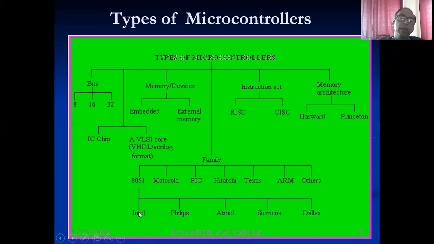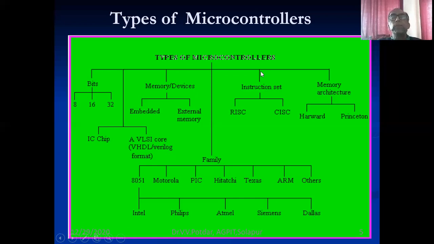Then we have another categorization by family. We have the 8051 by Intel, manufactured by Intel, Philips, Atmel, Siemens, and Dallas. Then Motorola has its own series, PIC has its own series, Hitachi has its own series, and Texas, ARM, and others have their own series.